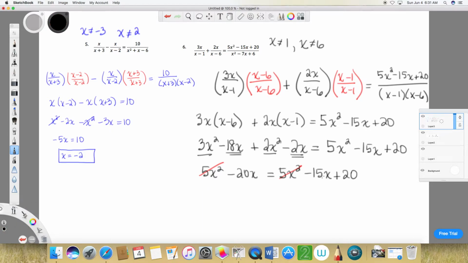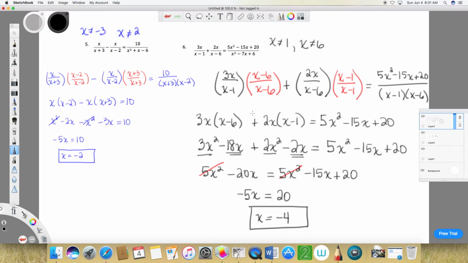And if I add 15x to each side, I get a negative 5x is equal to 20. Divided by a negative 5, positive 20 divided by negative 5 is a negative 4. And negative 4 should be okay, because it's not one of these values that's going to cause division by 0. So I'm going to leave it in my solution set.